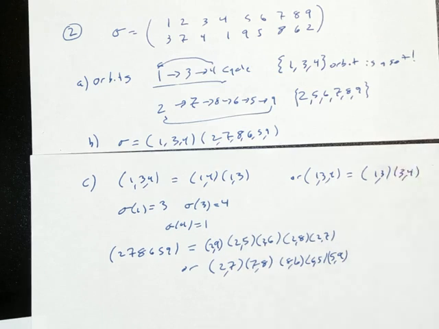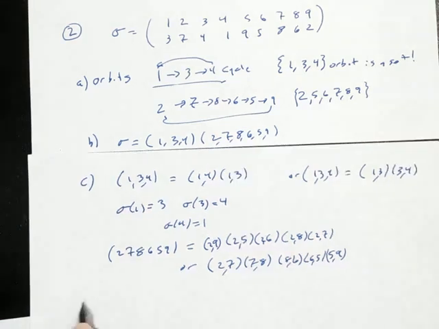Okay. Each cycle is broken down to a product of transpositions. I need the order of sigma. How many times do I do sigma before I get back to where I started? We need to find the order of both of our separate cycles.